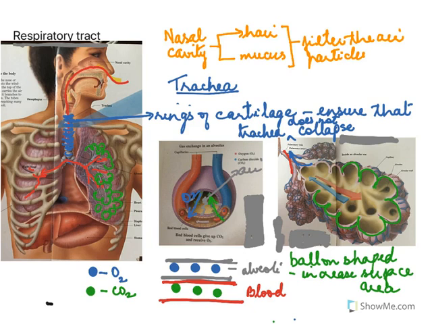The oxygen from the air enters into the blood and combines with the hemoglobin, whereas the carbon dioxide from the blood enters into the air of the alveoli. It is then collected and thrown out of the body.